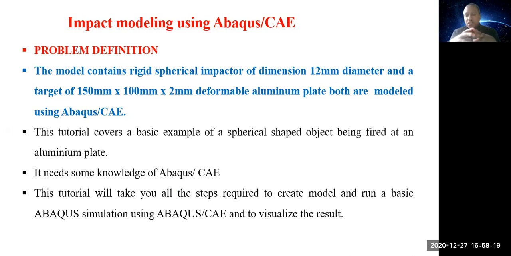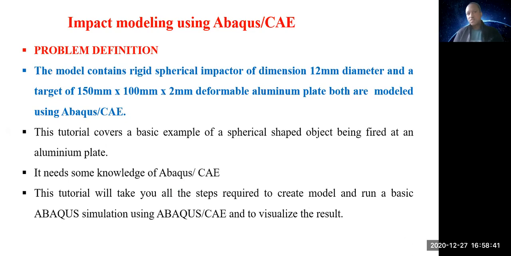Abaqus knowledge is required this time, and it also requires Abaqus software. That Abaqus CAE software must be installed on your system, and sometimes it needs some Fortran, Intel Fortran compilers also.